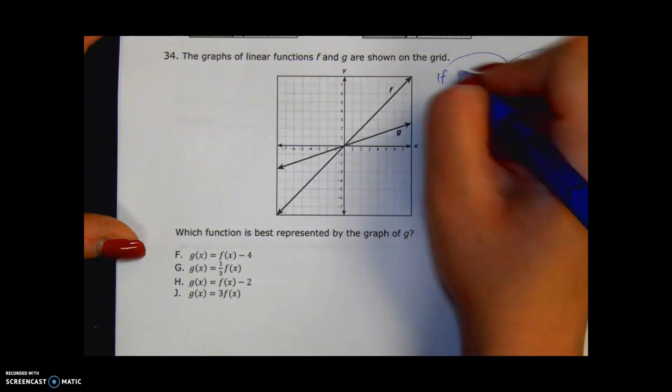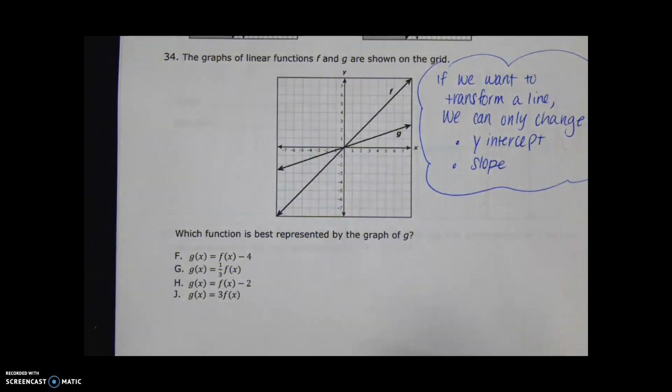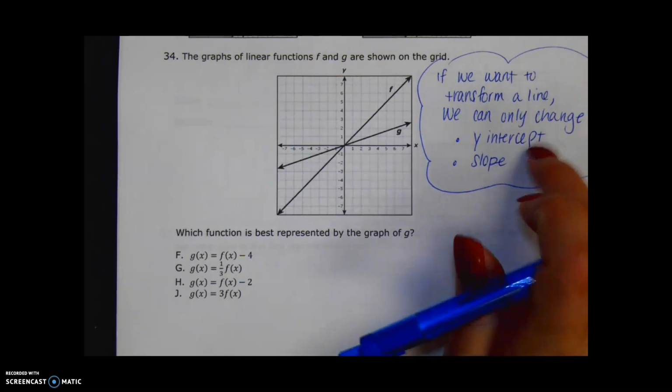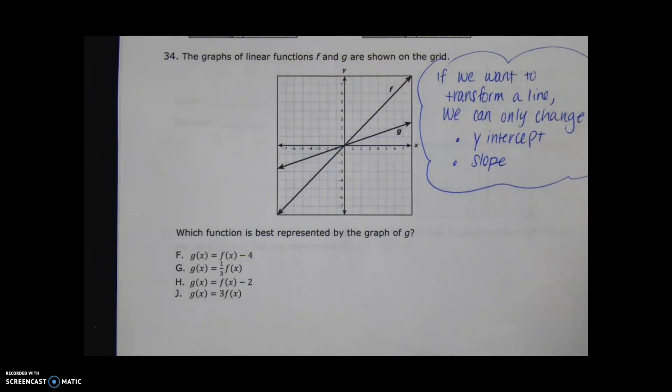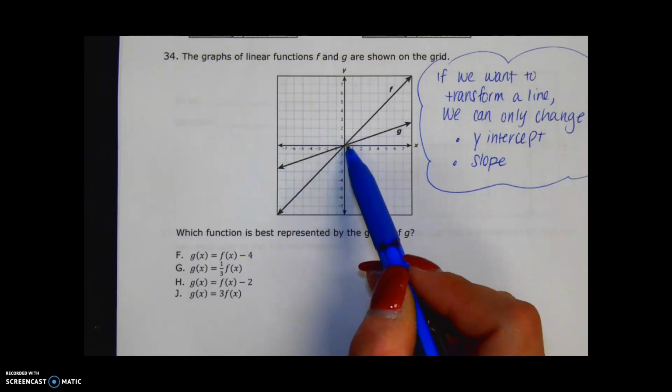All right, so just keep that in mind. When we're dealing with lines, that's the only things we can change because that's all we're given. Y equals mx plus b, you have your m and you have your b. So that's the only thing we can change. I look at these and I notice they have the same y-intercept.